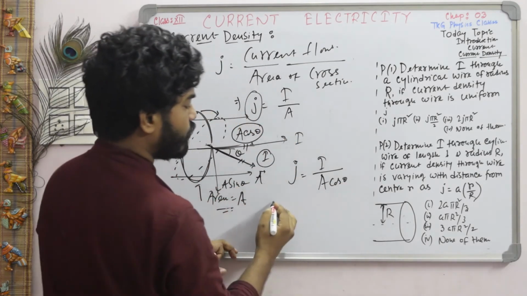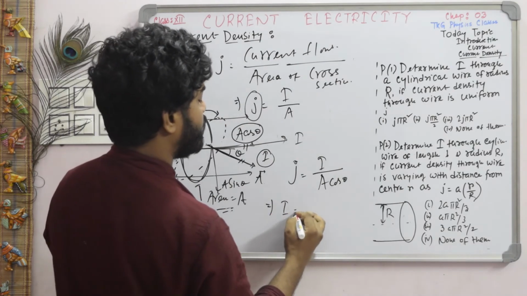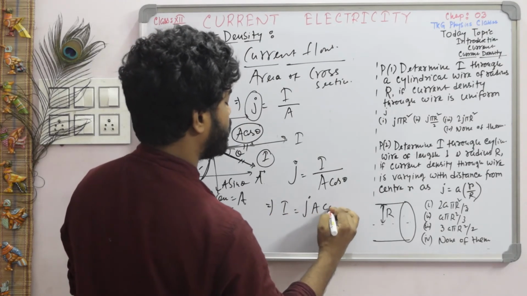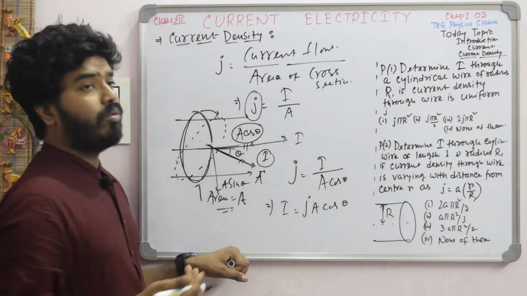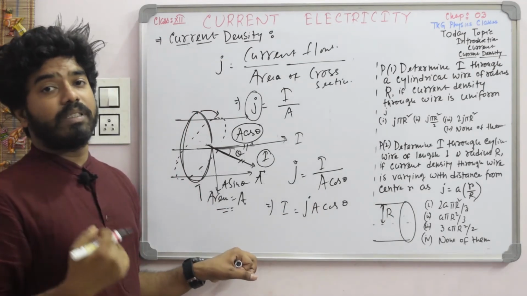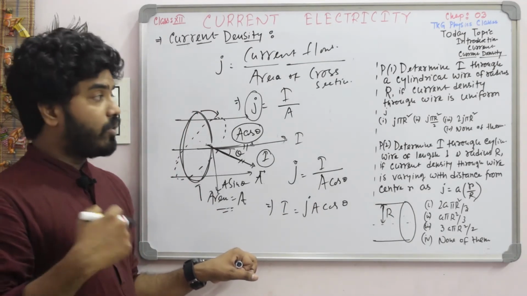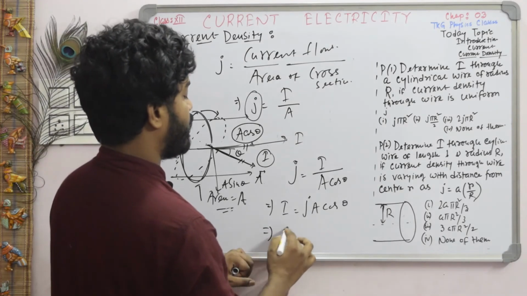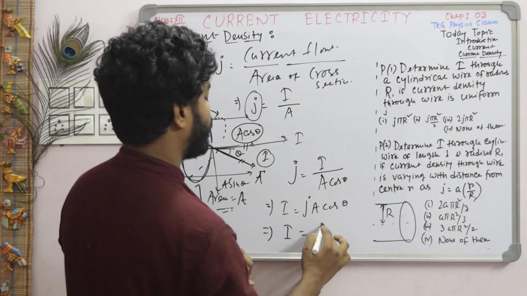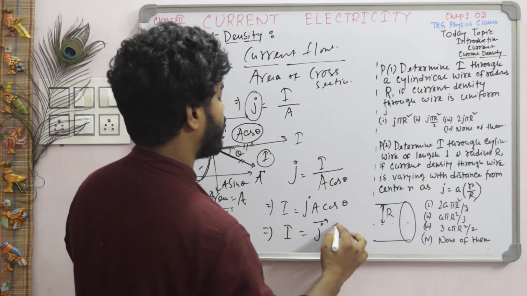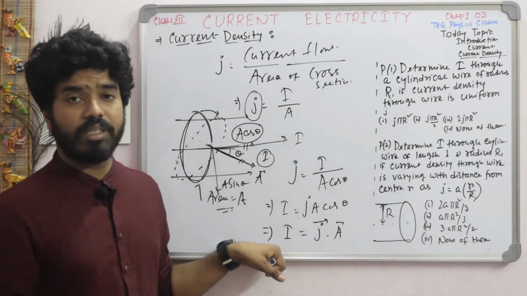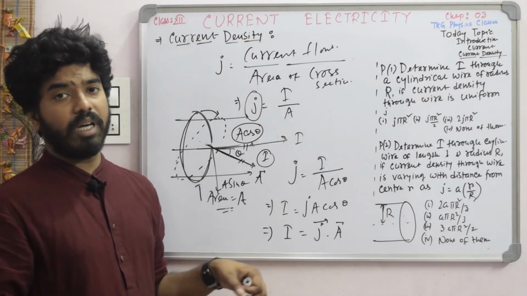So, from this equation we can say I is equal to J A cos theta, and you know A B cos theta represents A dot B. So, here we can write I is equal to J vector dot A vector. Current density is a vector quantity which is directed along the direction of current.